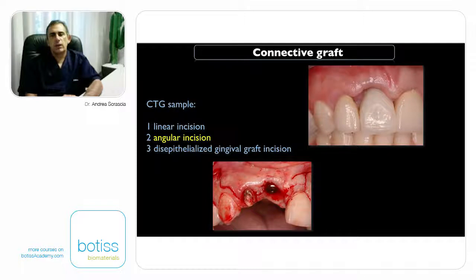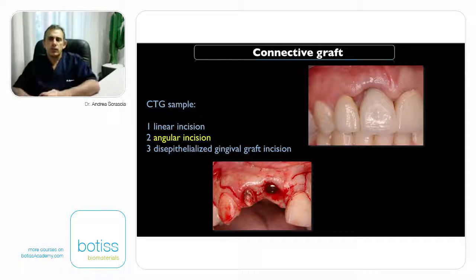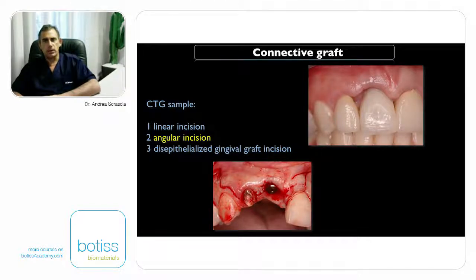Still in the angular incision technique, another clinical case, very difficult clinical case, because this 27 years old woman came to my office after having had an implant therapy on 1.1. What was obvious was the poor execution of the surgical technique, causing atrophy of the distal papilla.